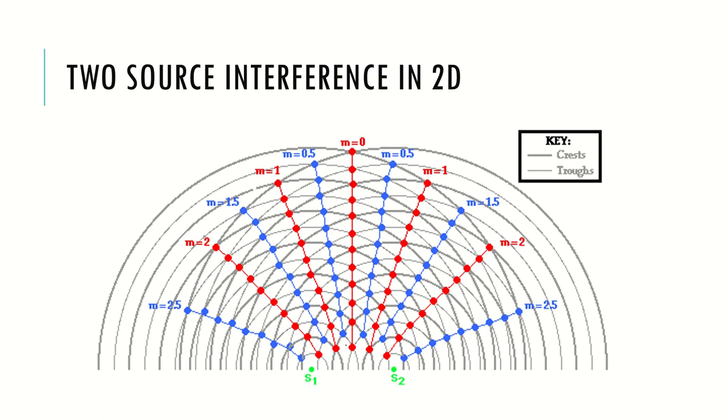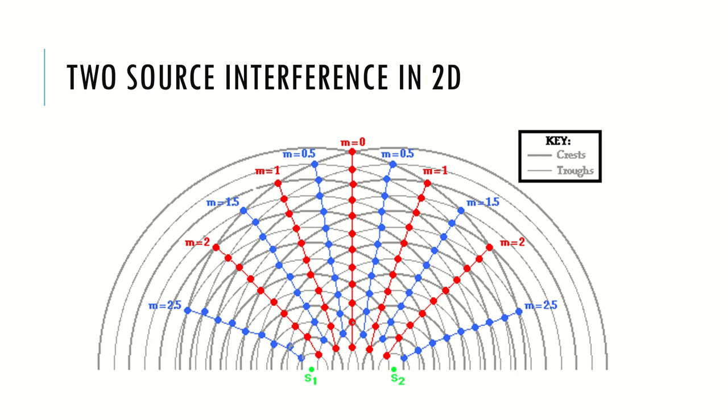Let's just pick this red point here. If we look at our source 1, this here is the crest of the source. Here is another crest, so this is one wavelength, 2 wavelengths away, this point here. And here is 1 wavelength, 2 wavelengths here.